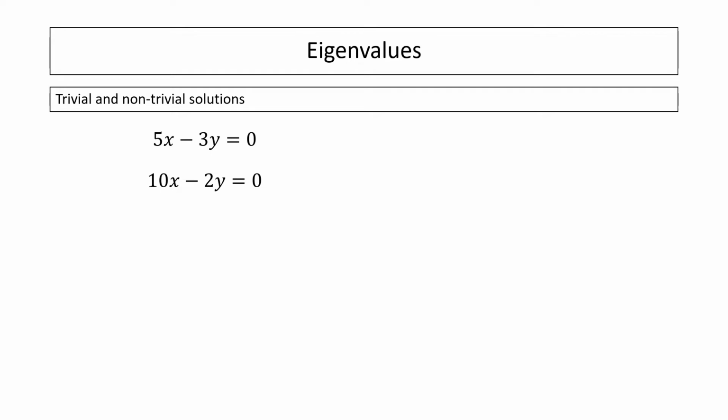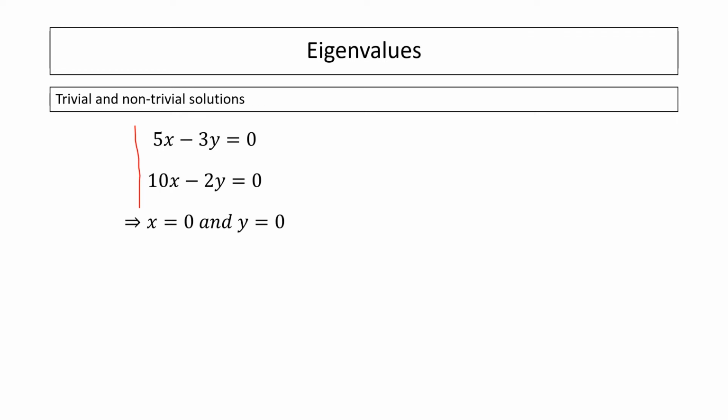If we solve this system, we get x equals 0, y equals 0. We can do this by Gaussian elimination, or they are simple equations, so we can also solve them.